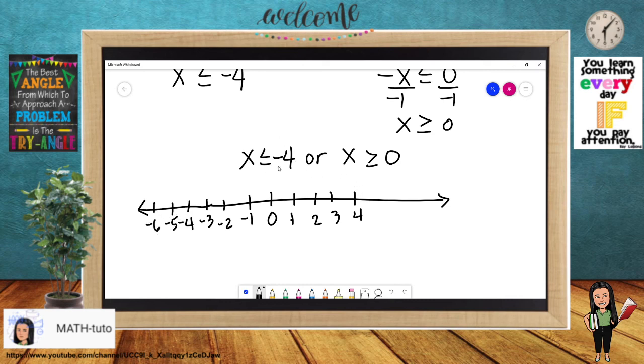The first portion of our compound inequality, x is less than or equal to negative 4. Negative 4 is included. We shade to the left because it is less than. And then for the other inequality, greater than or equal to 0, including 0, we shade to the right. This is our solution set. In interval notation, it is negative infinity until negative 4, bracket, because it is included, union, 0 until positive infinity.